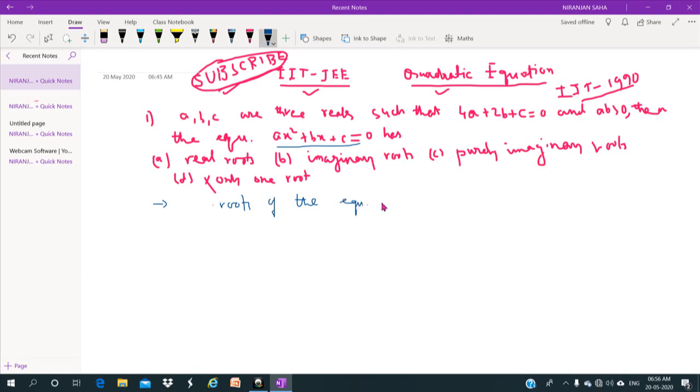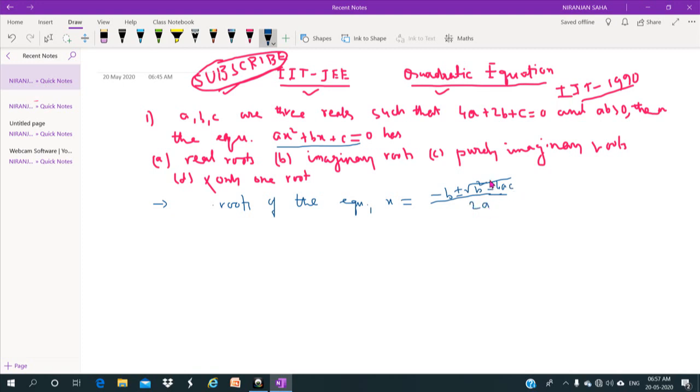By Sridhar law, we know that x equals minus b plus minus root over b square minus 4ac, divided by 2a.